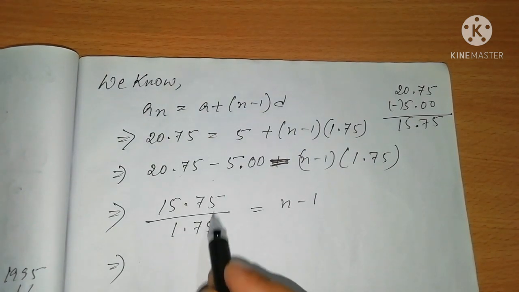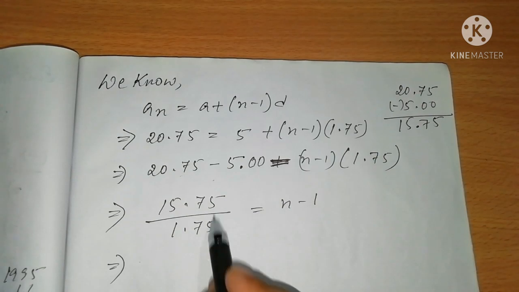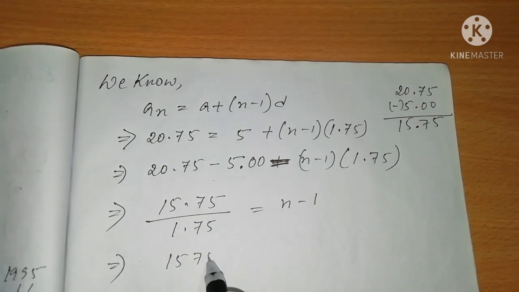They are like decimal numbers, with two decimal places in both the numbers, so we can remove the decimal.